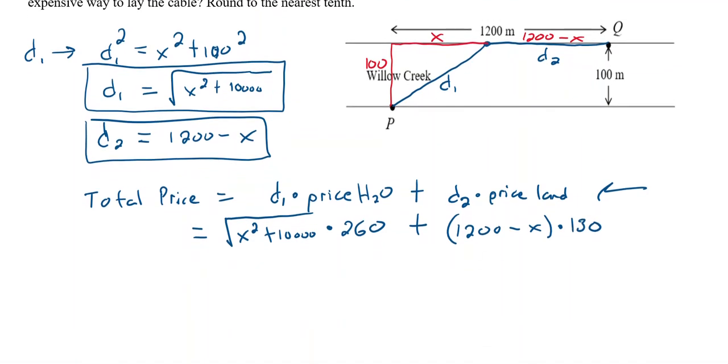All right, so that is my equation. Just like in the other ones where we found an equation and then had to take the derivative, that's what we have going on here too. So this is my equation, and I'm just going to have to take the derivative.